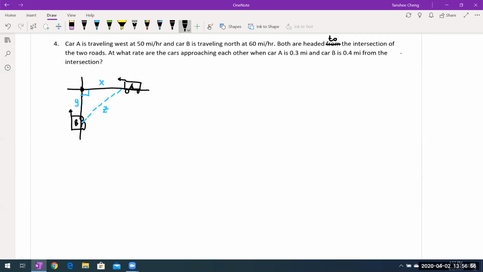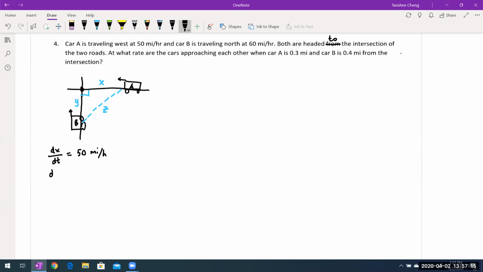Okay. So now, continuing to put in all the information, we know that the rate of change in the horizontal direction, dx/dt, since this is a constant speed, will be 50 miles per hour.